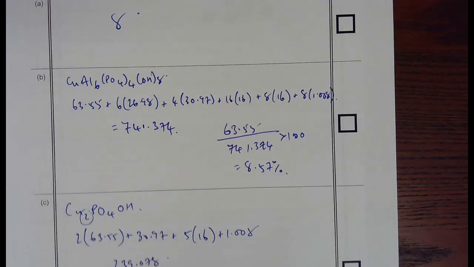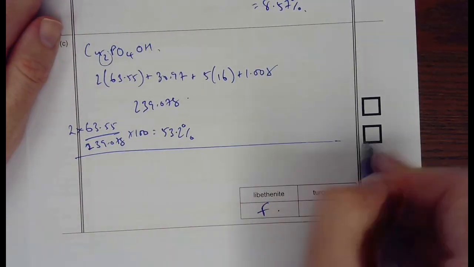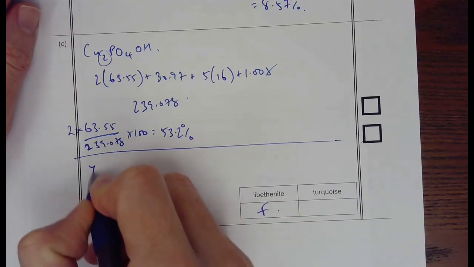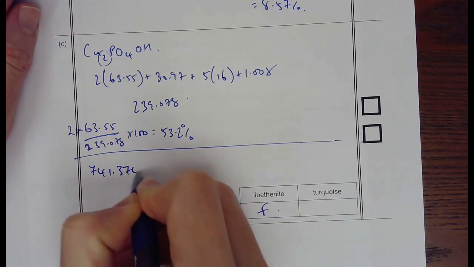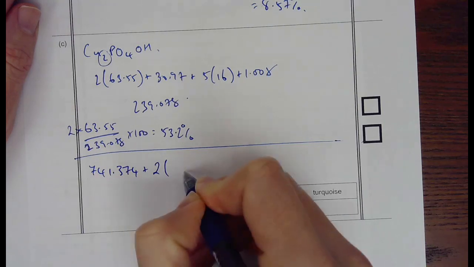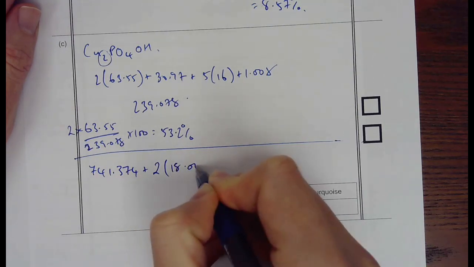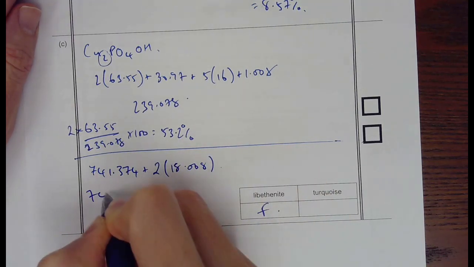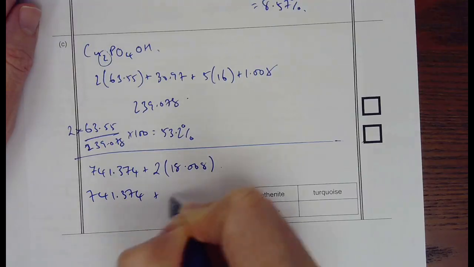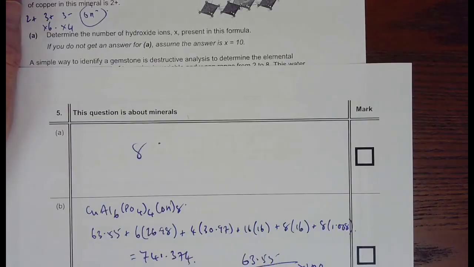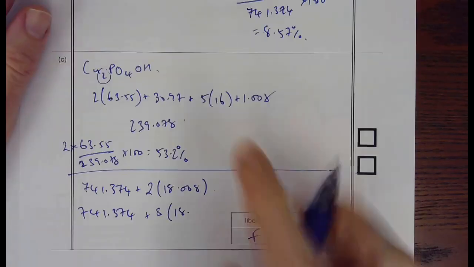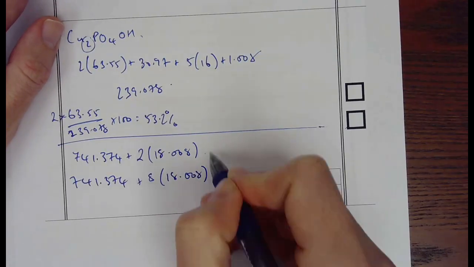So if I do 741.374 plus 2 times 18.008, and if I do 741.374 plus 8 times 18.008, 2 to 8, yeah.